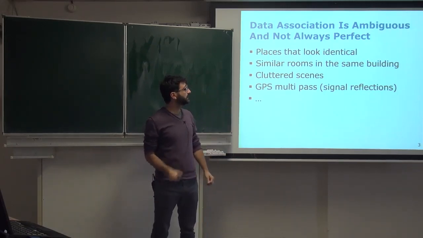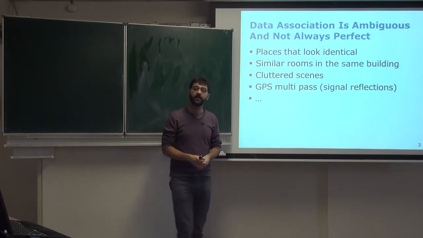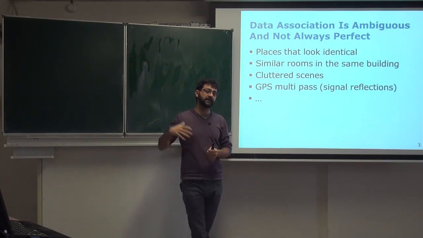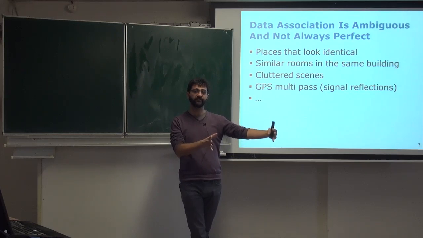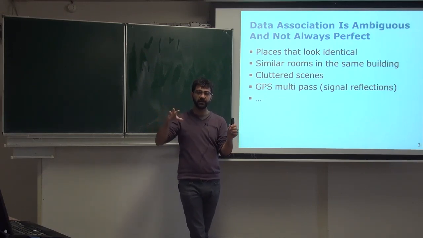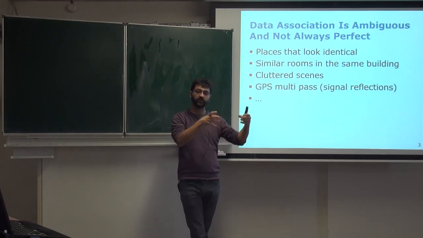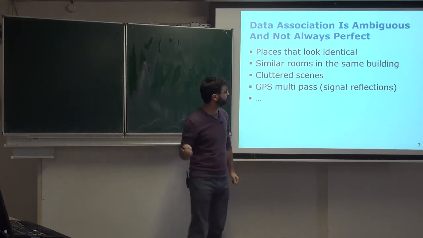So this is to say that the front end, the part that builds the graph and makes data association decisions, is not always perfect, while the optimization step actually requires that these measurements are true. And now the question is how we can handle a bit of mistakes from the data association layer and put some additional steps into the optimization part that is able to handle small mistakes on the association layer.